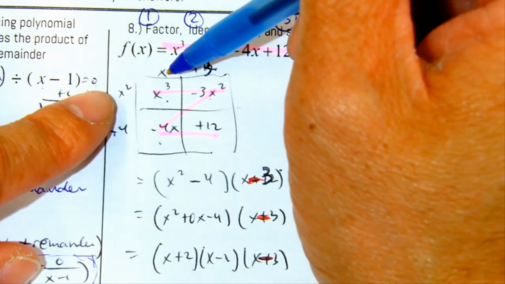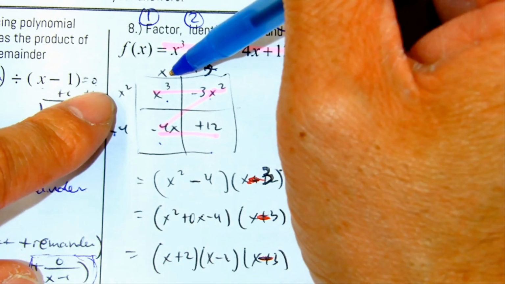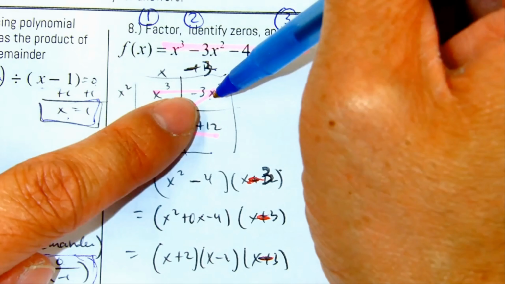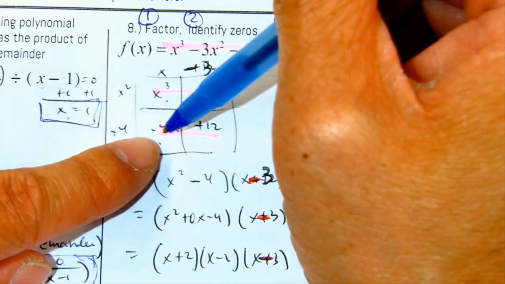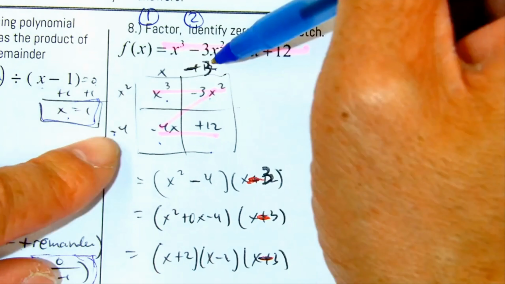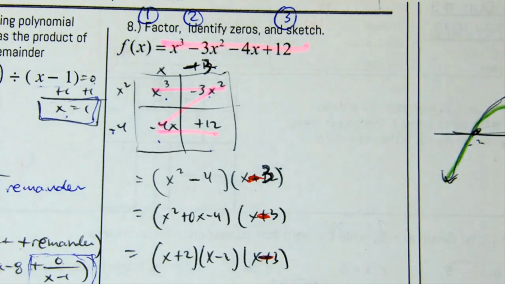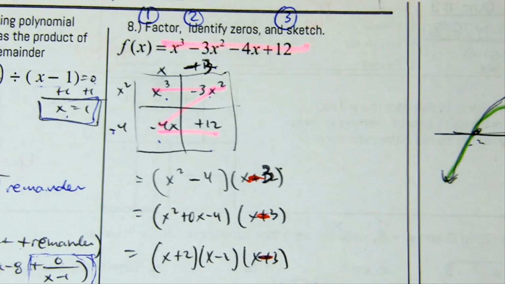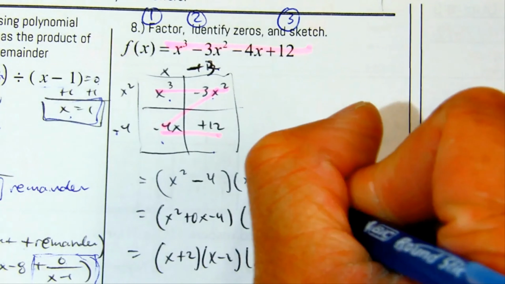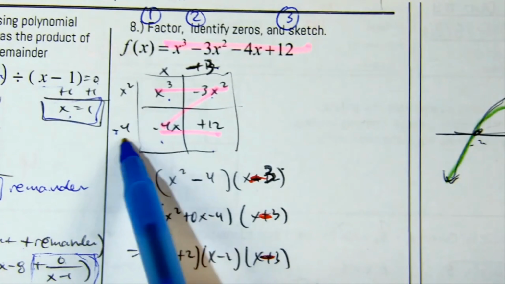X squared times x is x cubed, minus 3 is -3x squared, x times 4 is 4x, and negative 3 times negative 4 is a positive 12. Alright, once you have the outsides, you have x minus 3, x squared minus 4.